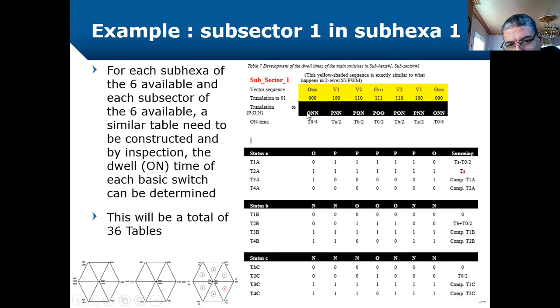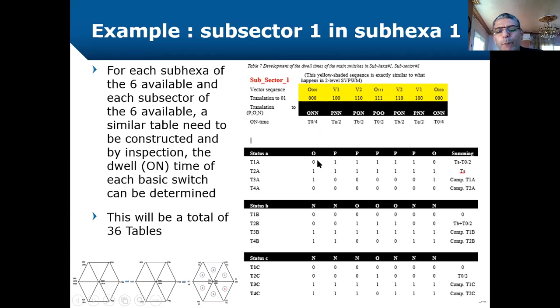For example, this ONN means that for phase A, O is described by this conduction state: T1 0, T2 1, T3 1, T4 0. For phase B, N is translated to the two switches T3 and T4 on, and the others are zeros. For phase C, N means that you have 0, 0, 1, 1.